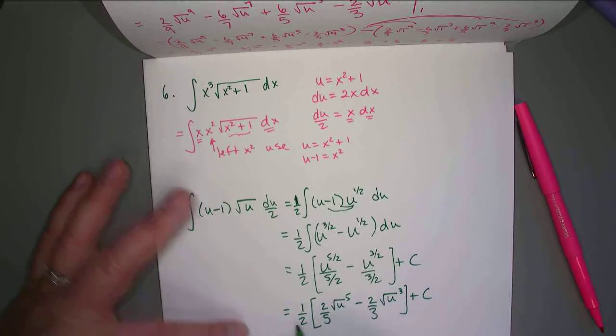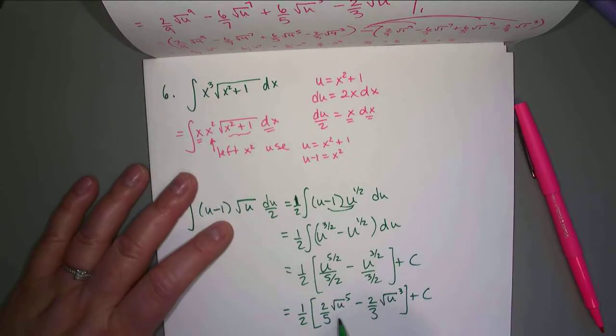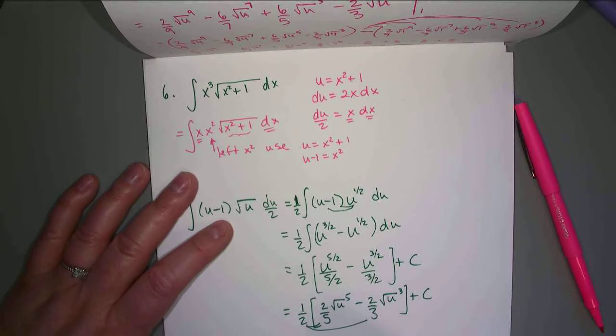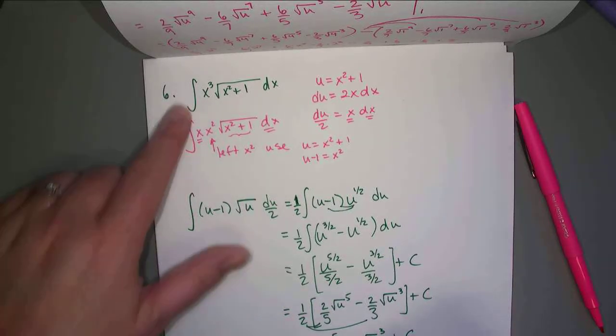And you could put that 2 in. Actually, that works nice because the 2's will cancel. So if we multiply this through, we'll get 1/5 root u to the 5 minus 1/3 root u cubed plus c.